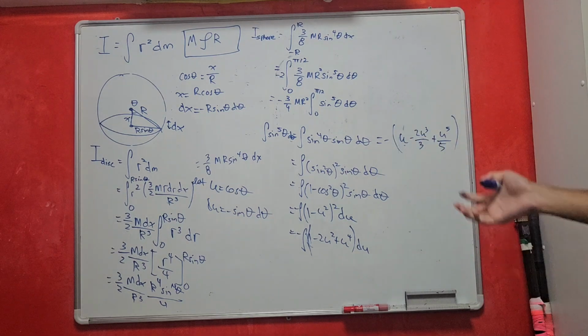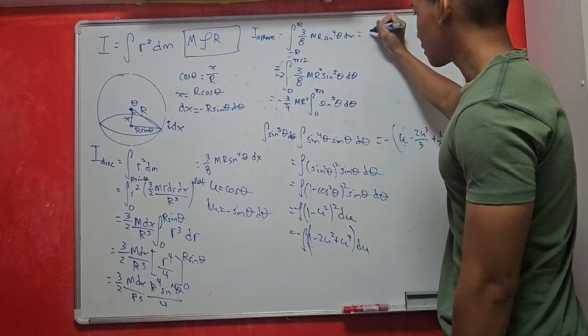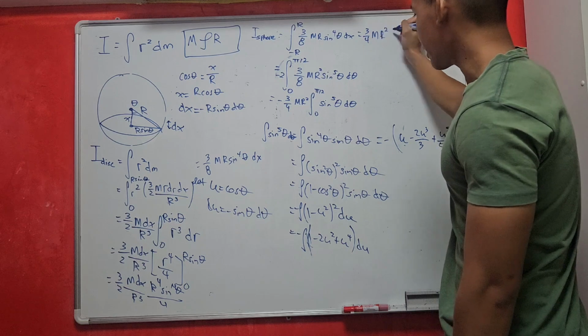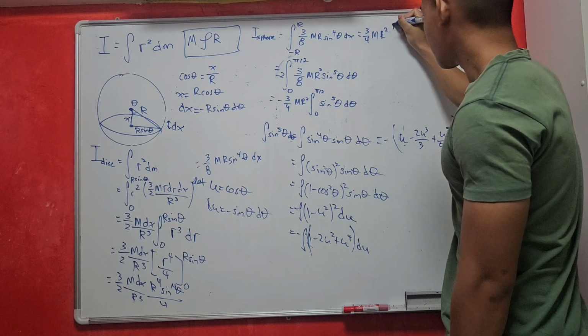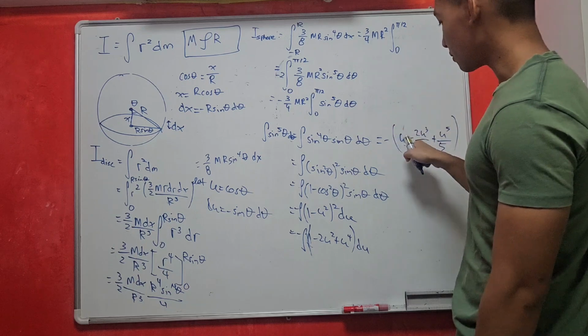Okay, so we got this. Now we can just substitute this in here. So I'll get 3 over 4 m r squared, from 0 to pi over 2. Substitute this.